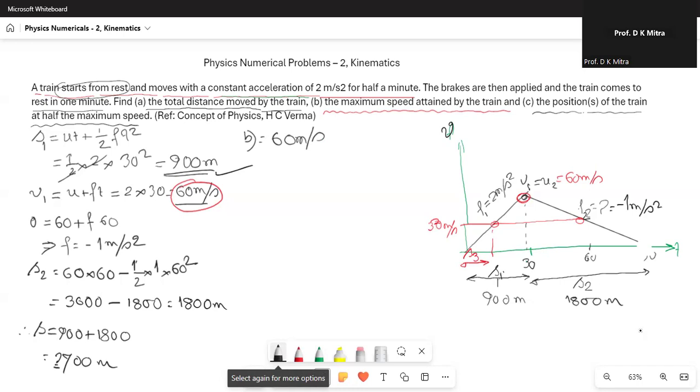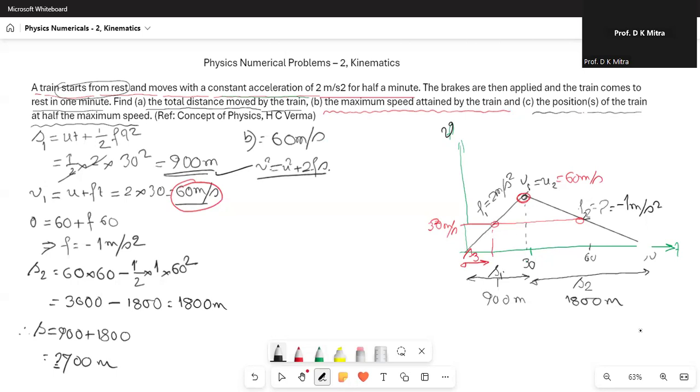Here we can use the third kinematic equation, V squared equals U squared plus 2FS. V is the final velocity, which is 30. U is the initial velocity, which is 0. And F is known, which is 2 meters per second squared. S3, we shall find.